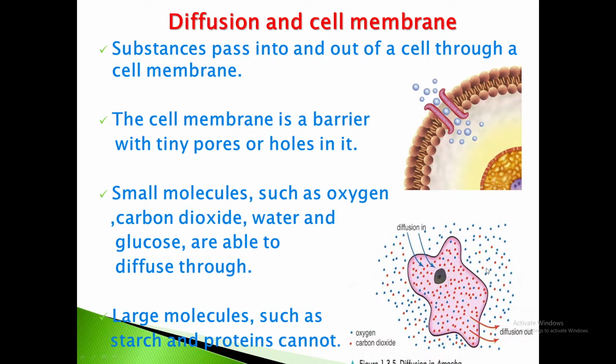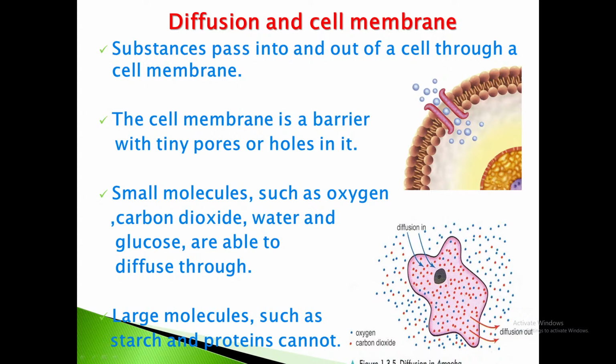The arrow for diffusion in is a blue arrow. That simply means it is showing the movement of oxygen. So oxygen is outside of the cell, and that oxygen needs to enter the cell. The process that will allow the oxygen to enter the cell is what is known as diffusion.